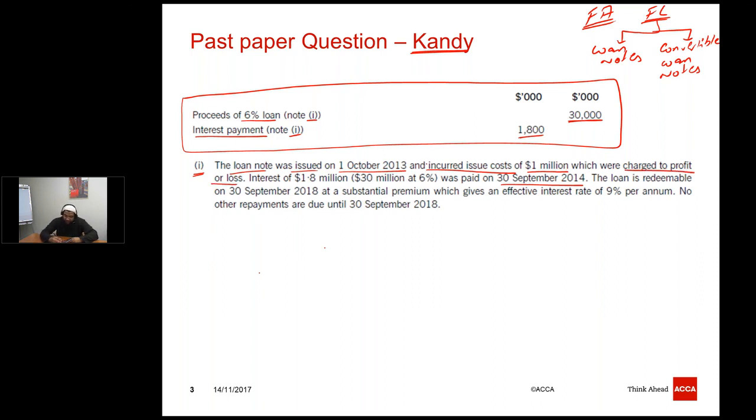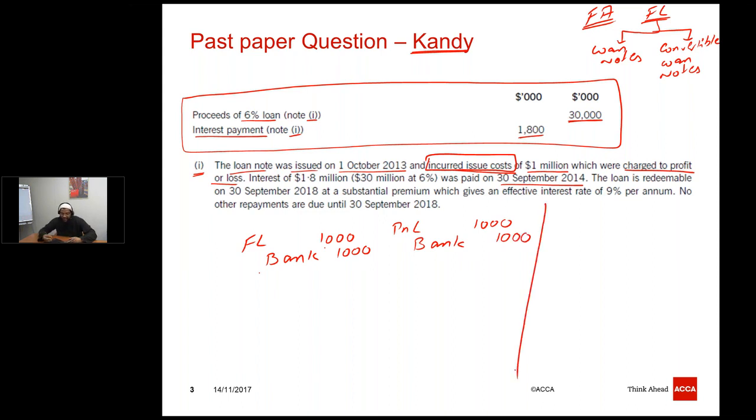If you remember the treatment of transaction cost and issue cost, it is the same. We used to prepare the entry as financial liability debit and bank credit by 1,000, but the question has actually expensed this out in P&L. So the question has made an entry of P&L debit by 1,000 and bank credit by 1,000.